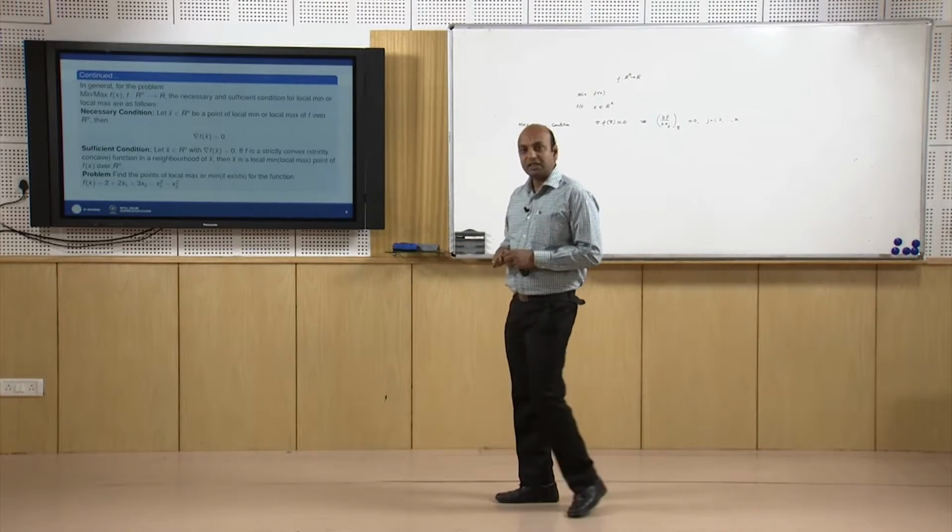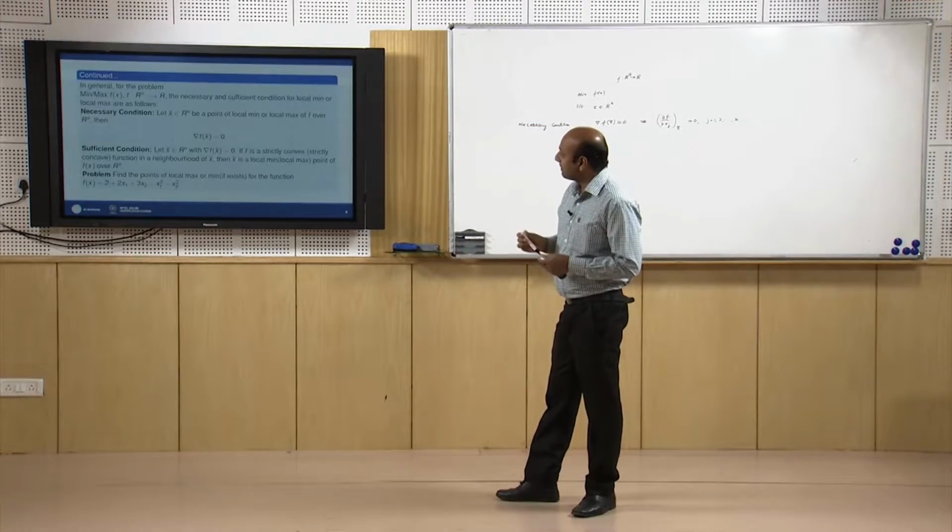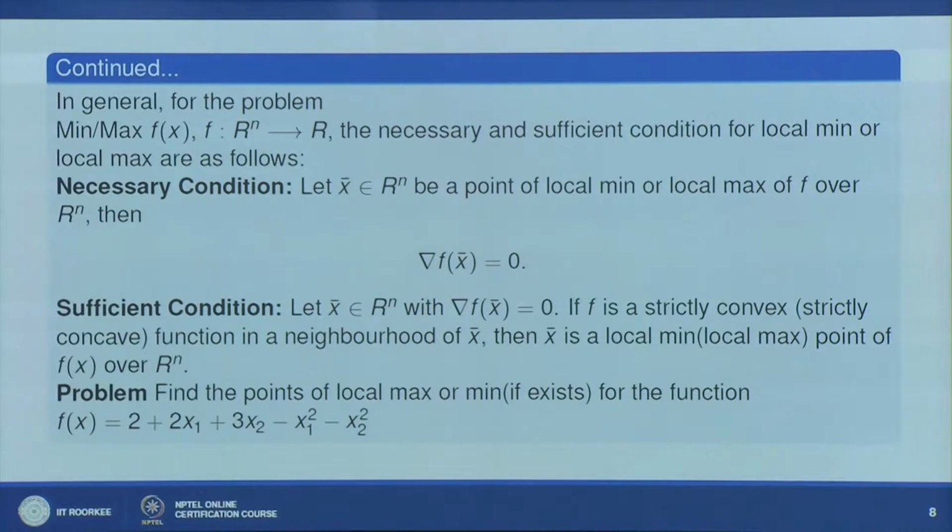And what is the sufficient condition? If x bar belongs to Rn with gradient of f at x bar equal to 0, and if f is a strictly convex function in the neighborhood of x bar, then x bar is a point of local minima of f.